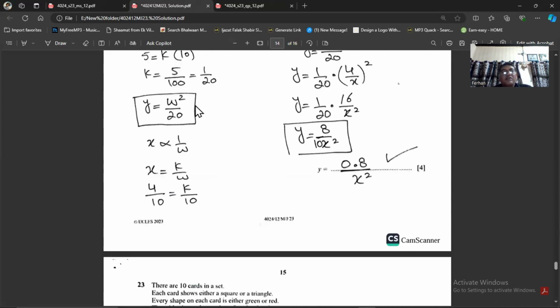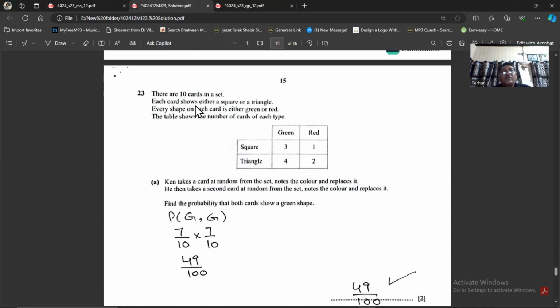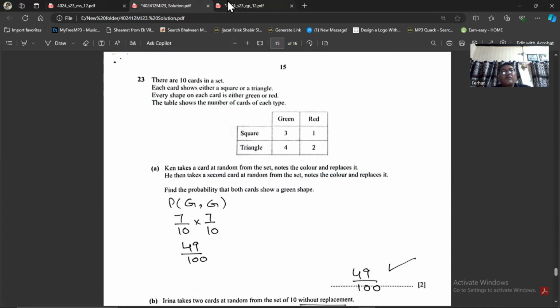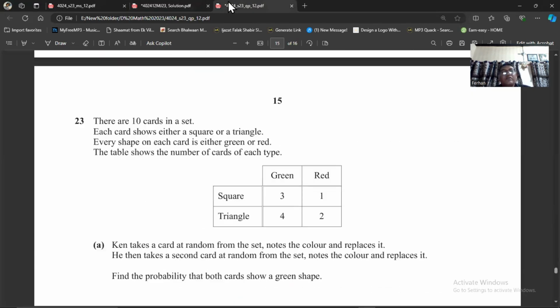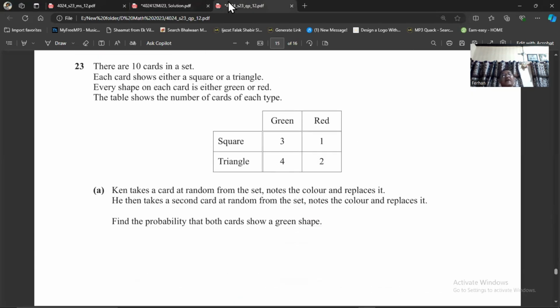Okay, so now we are on question number 23. It says there are 10 cards in a set. Each card shows either a square or a triangle. Every shape on each card is either green or red. The table shows the number of cards of each type.